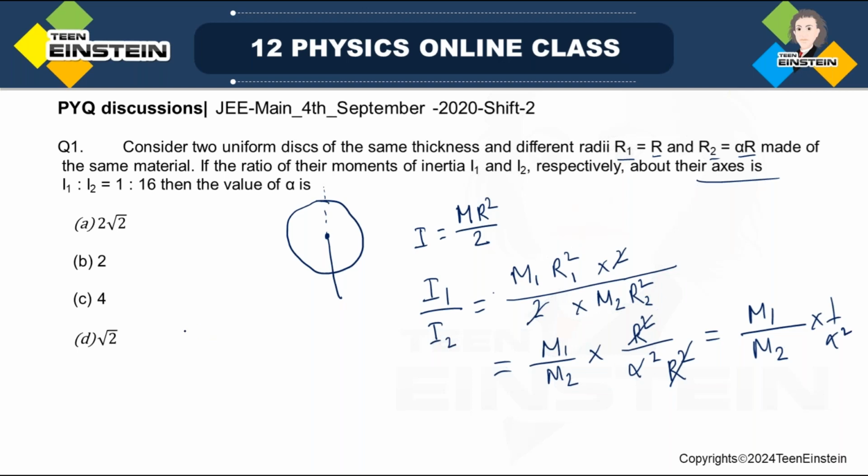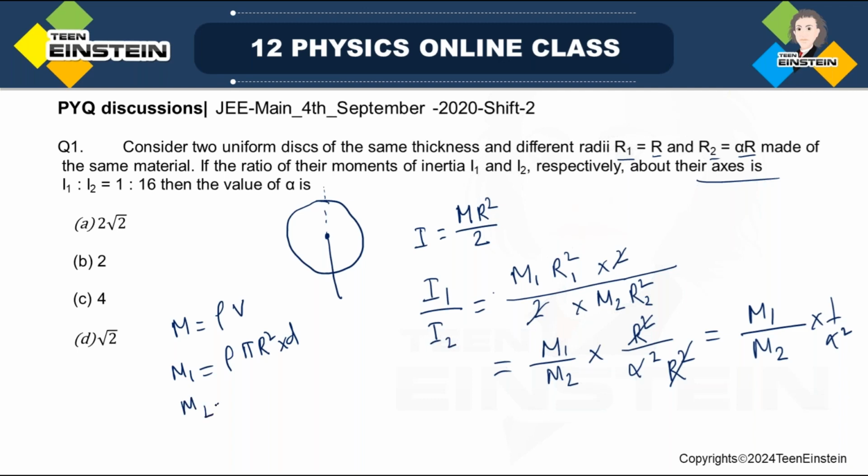Now we don't know what M1 and M2 are. For a disk, the same thickness is given, so mass is rho into V. Rho is same for both. So M1 is rho into V1, where V1 is pi r square into the thickness, let us say d.